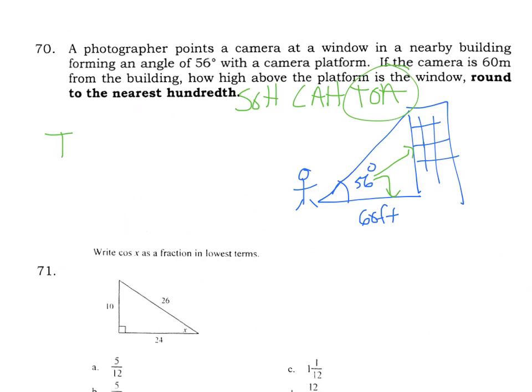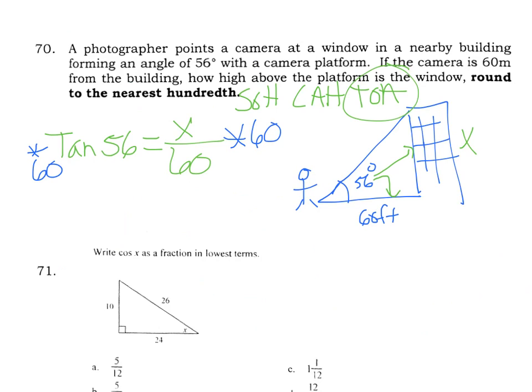So I'm going to say that the tangent of 56 degrees is opposite. Now that's my unknown, so let's just call that x, okay? The building is x height, over my adjacent, which is 60. So I just need to get x by itself. x is being divided by 60. Last time I checked, the opposite of divide by 60 is times 60. So what I'm actually doing on my calculator, these are going to cancel.